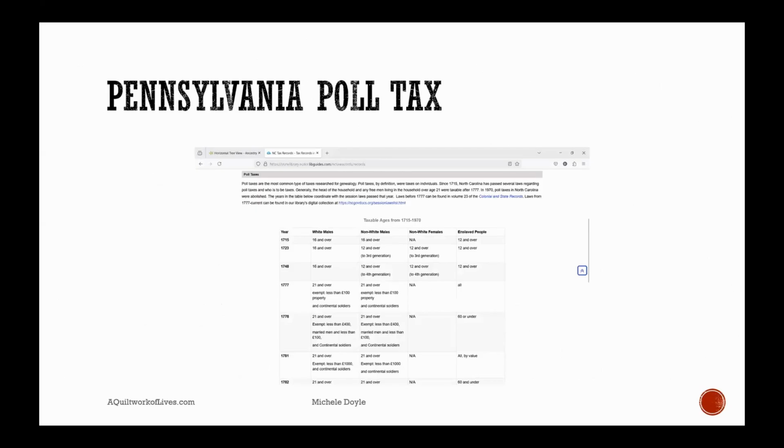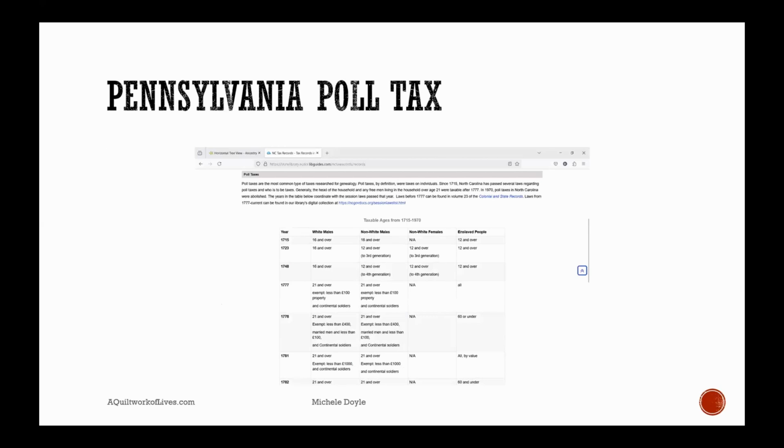Who are their neighbors? Who are their friends? Who are their acquaintances? Who lives around them? Those types of tax records can really help a lot with neighborhood studies. Is this a wealthy neighborhood? Is this a poor neighborhood? Is this an up-and-coming neighborhood? So what type of people were around your ancestor? Lots of information can be pulled out of a record.